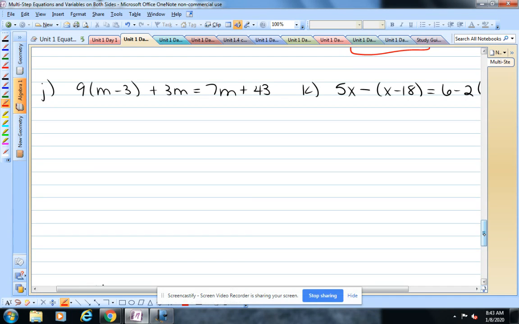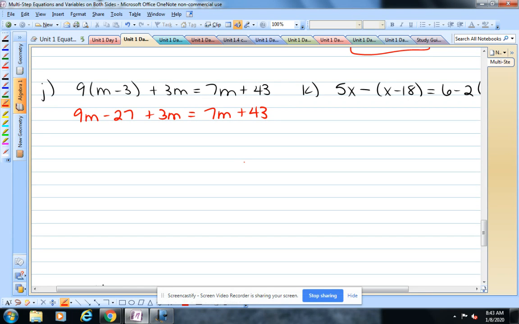Anytime you see distributive property in an equation, that's what you want to simplify first, is to get rid of your parentheses. Okay, so that's what I'm going to do first here. So what is 9 times m? 9m. And what's 9 times negative 3? Negative 27. And I'm going to copy everything else exactly like it says. So far, so good?